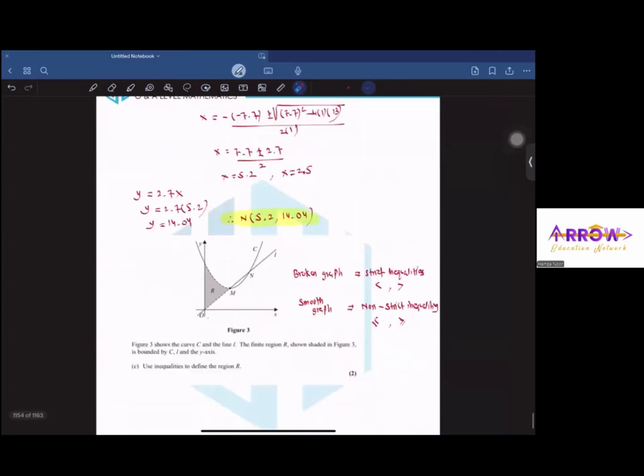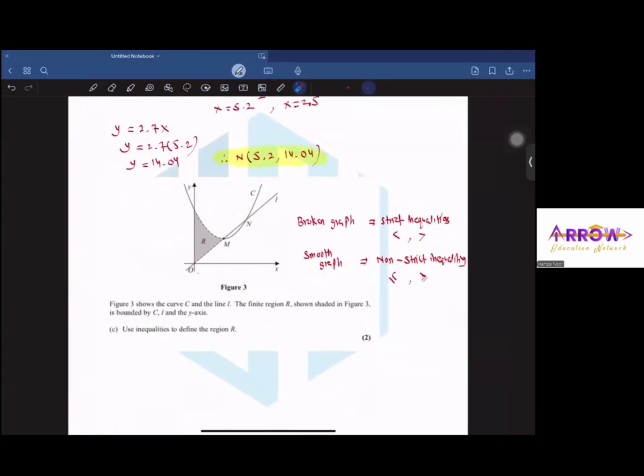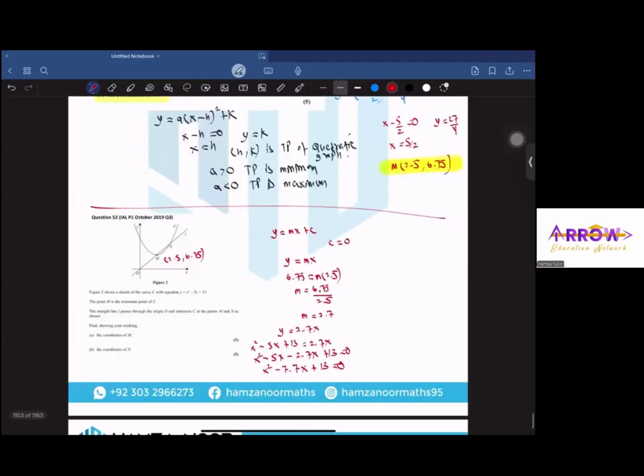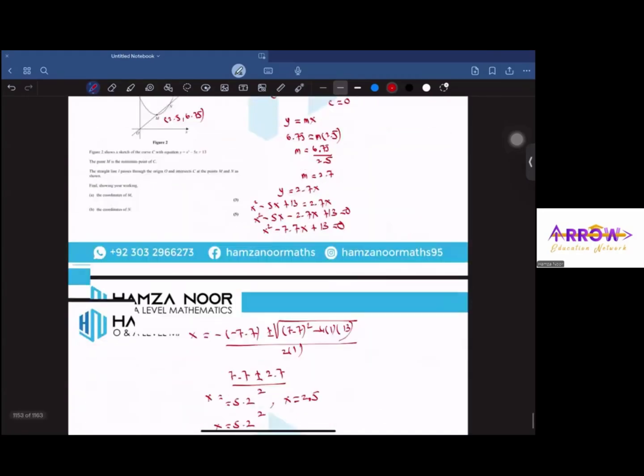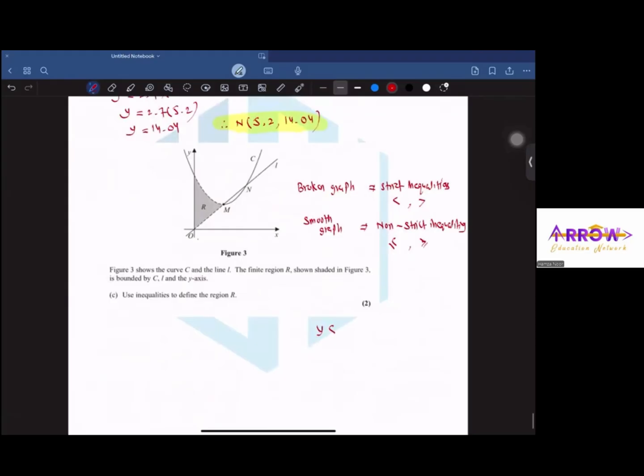Since the region R is below the curve, one inequality is that y is less than the curve, meaning the equation of the curve is x squared minus 5x plus 13. So the inequality is y is less than x squared minus 5x plus 13. This is one of the inequalities.